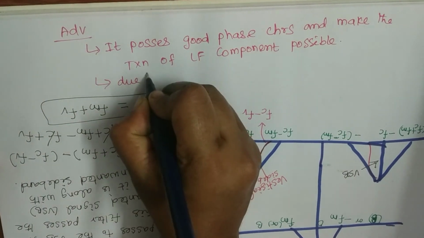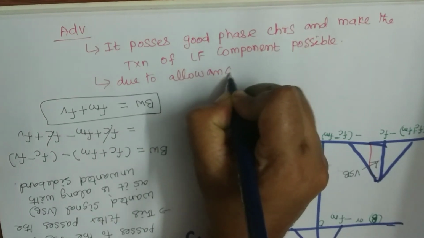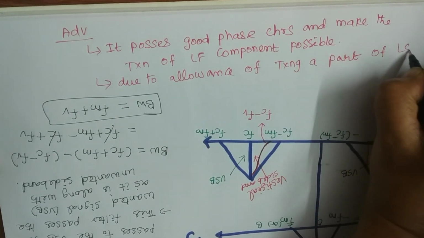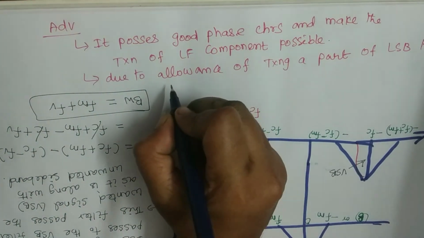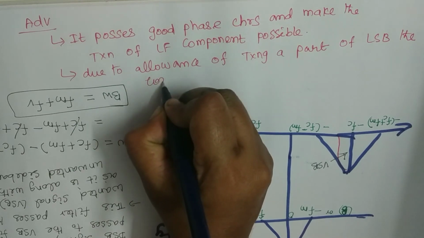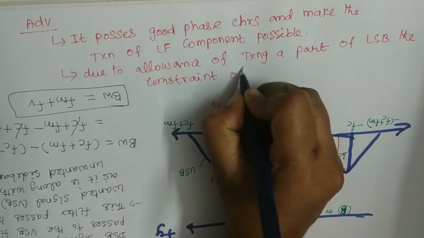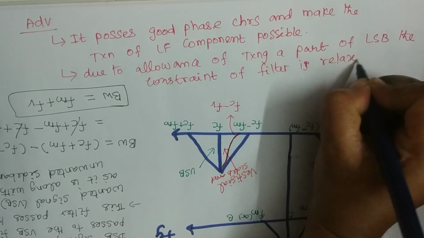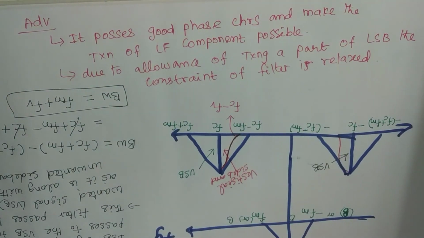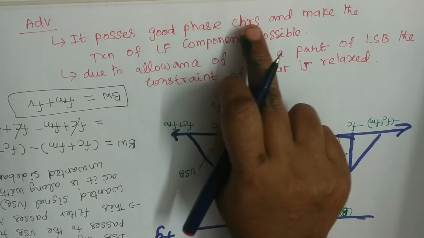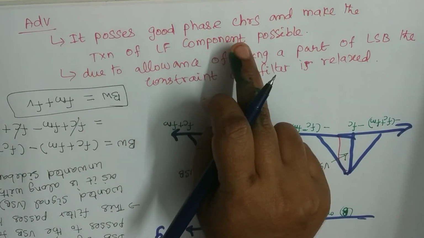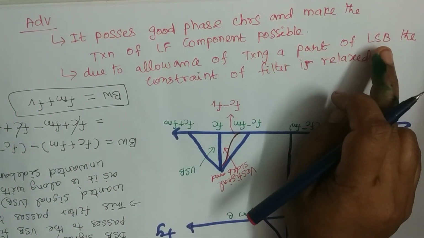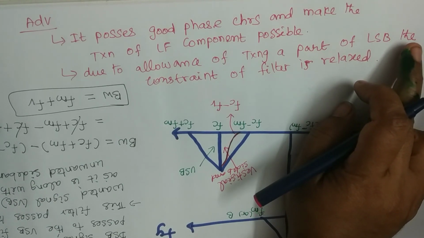Due to allowing the transmission of a part of the lower sideband signal, the constraint on the filter is relaxed.